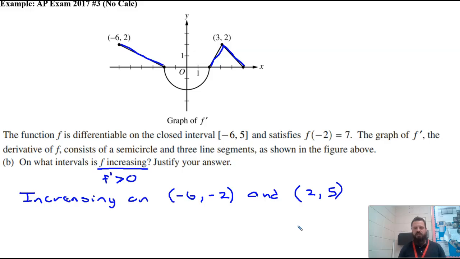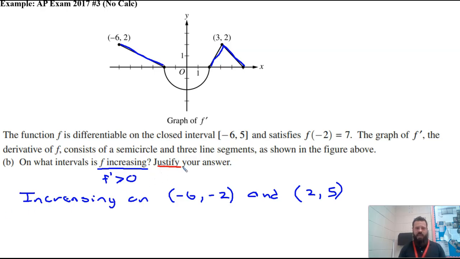Okay, so those are my increasing intervals. Now, AP exam's not going to be picky about is this a bracket, a closed interval, or an open interval. Okay, that's a little bit open for interpretation. We'll use them as open here. Okay, so on what intervals are we increasing? We've got the answer for that.